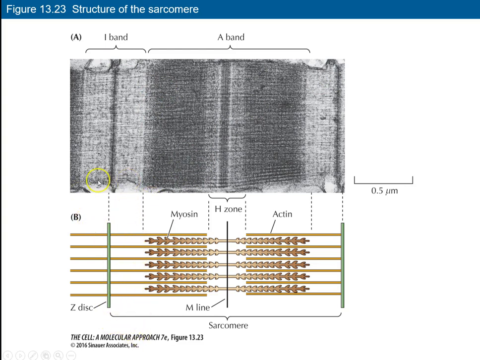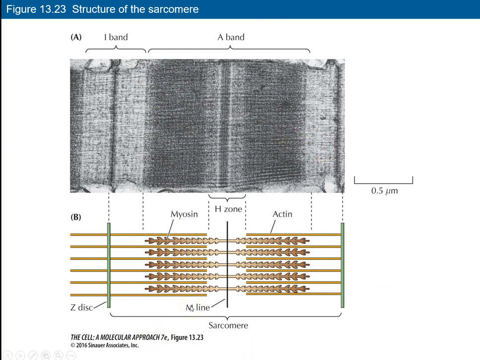So if you just look in this area here, it's just what? It's just actin, right? You can only see actin here, and it looks a lot lighter in color. If you look in this area here, you have actin, but you also have myosin there, right? And so you see it's darker because there are more filaments there. And same thing on the other side, okay?